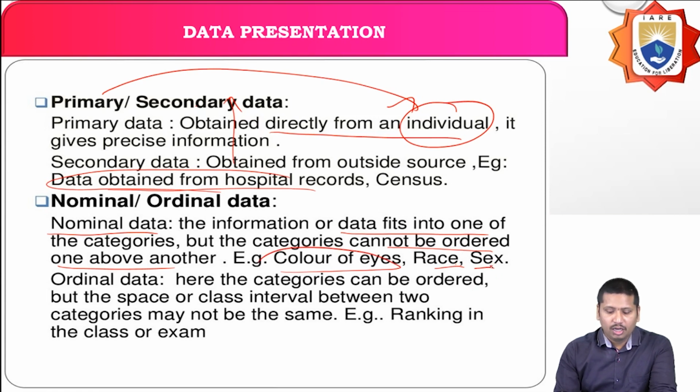And ordinal means the categories can be ordered, like first rank, second rank and third rank. The class interval is also considered with ordinal data, and it may not be the same, like ranking in the class or exam.